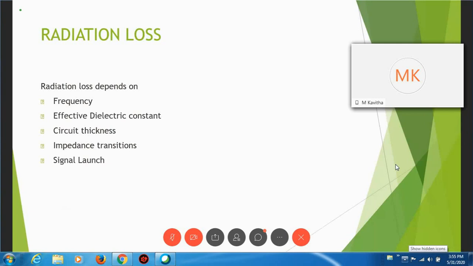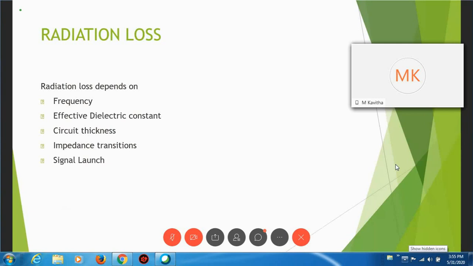This loss tells how much energy is lost from the circuit to the surrounding environment, and how much energy is radiated from the transmission line. From the radiation loss we can find how much power is radiated. From the formula, the radiation loss is given by the power radiated by the power transmitter.